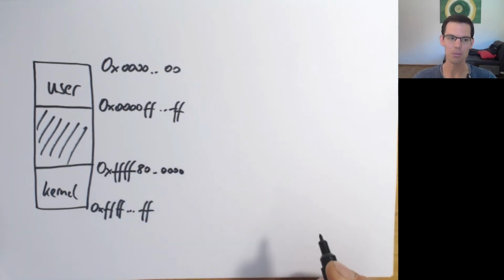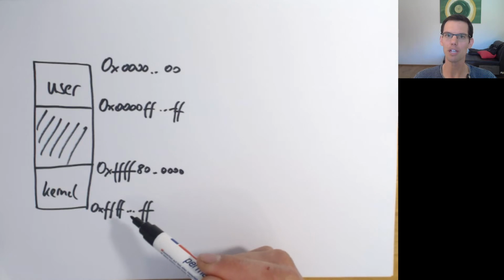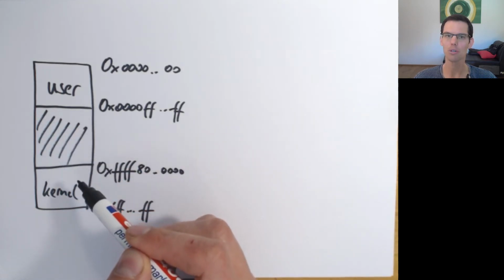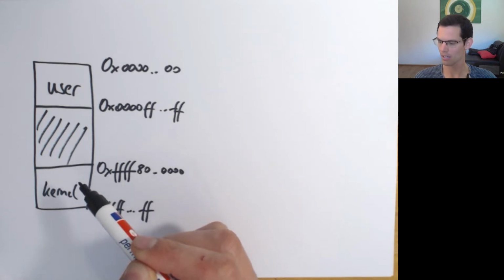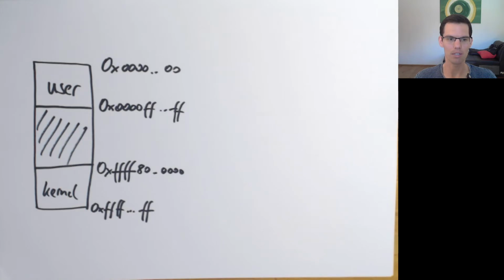That's now our address space. One half for the user, the other half for the kernel, speaking of the 48-bit address space, and the other part in the middle, we're going to sacrifice because we don't need that right now. So now we have a very good separation between userland and kernel land. That's the basic idea.